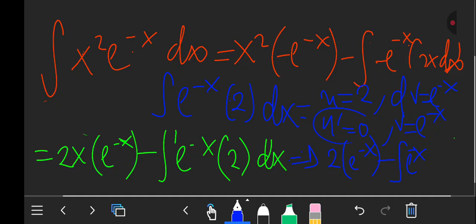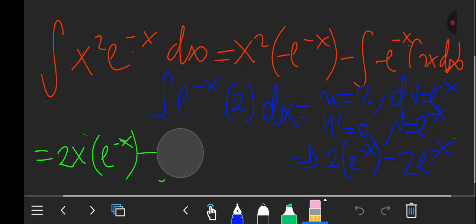Du is simply 0, so I'll have 0 here, and 0 multiplied by everything will just be 0, so I can erase this and say this will give me 2e to the power negative x. So this is what I'm going to have here. So I'll say minus 2e to the power negative x. So this is what I'm going to substitute there.